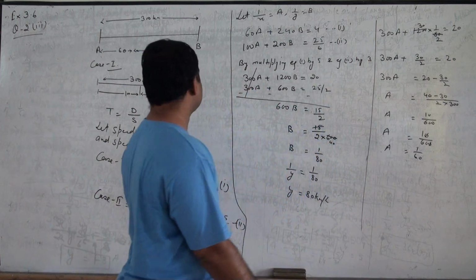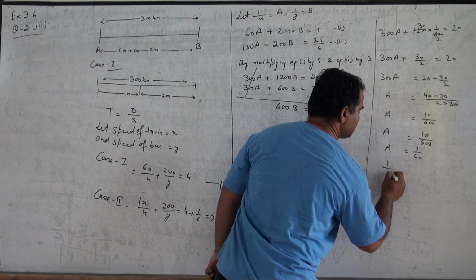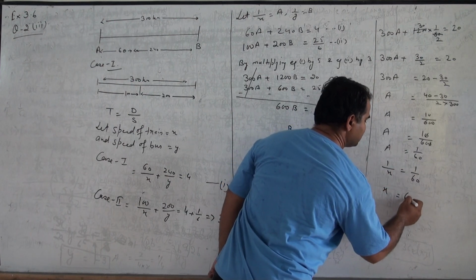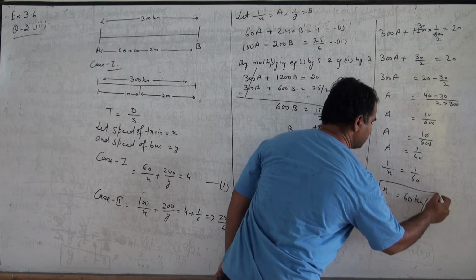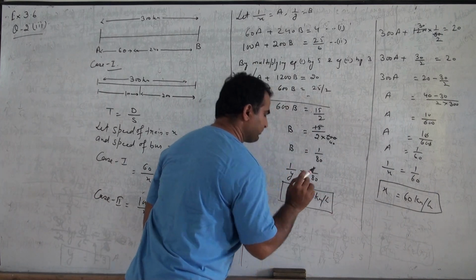So a equals 1 by 60. a was 1 upon x, so 1 upon x equals 1 upon 60, and x will be 60 kilometers per hour. These are the final answers for x and y.